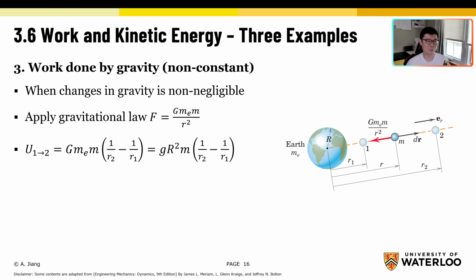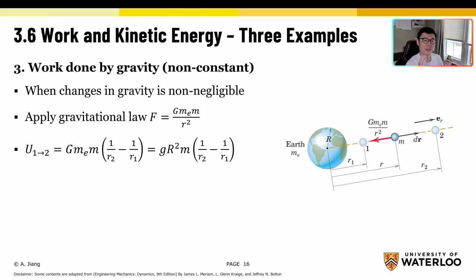However, gravity can also be treated as non-constant, especially when we are dealing with space-related questions. In section 1.5, we derived the equation GMe equals gR squared. If you forgot it already, please review it in section 1.5. With non-constant gravity, the work equation is G times R squared times m multiplied by (1/r2 minus 1/r1).